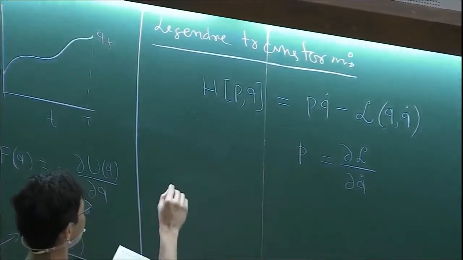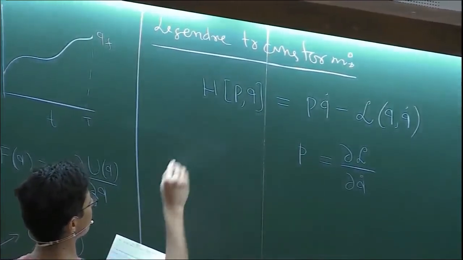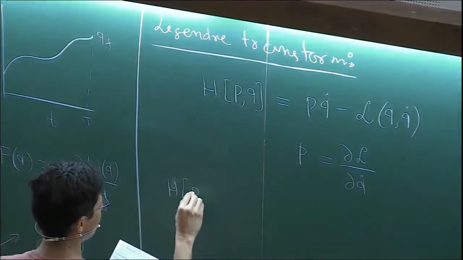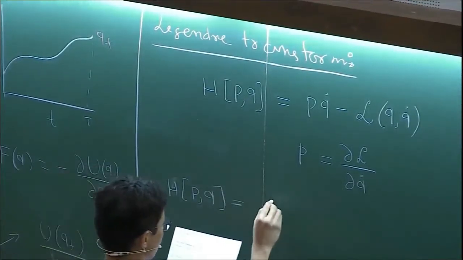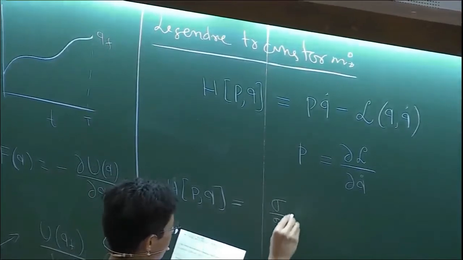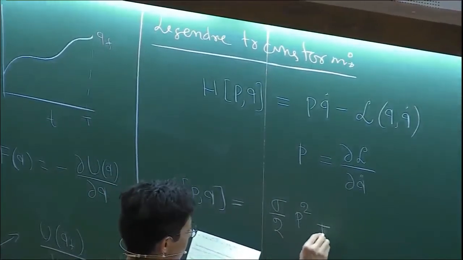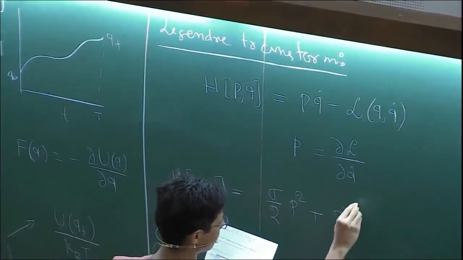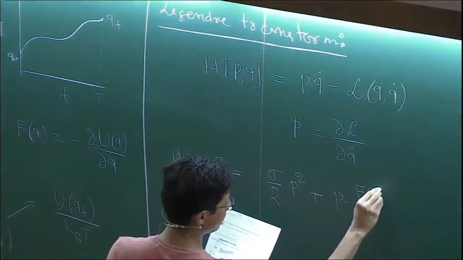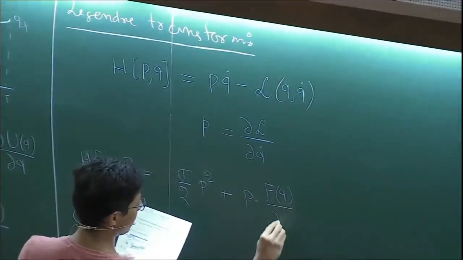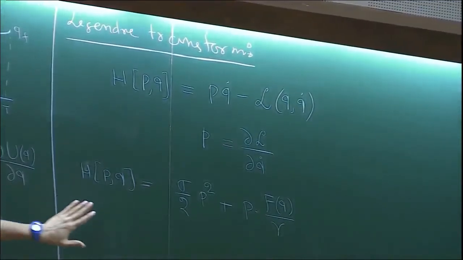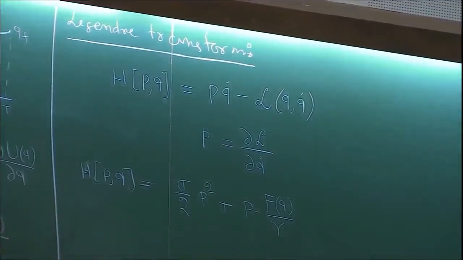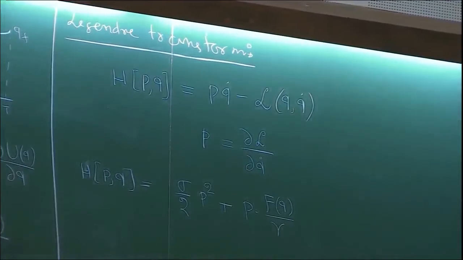You'll just end up with H(P,Q) simply equal to sigma by 2 P square plus P times F of Q divided by gamma. So given this Lagrangian, I have this Hamiltonian, okay? And that all started from this overdamped Langevin equation.